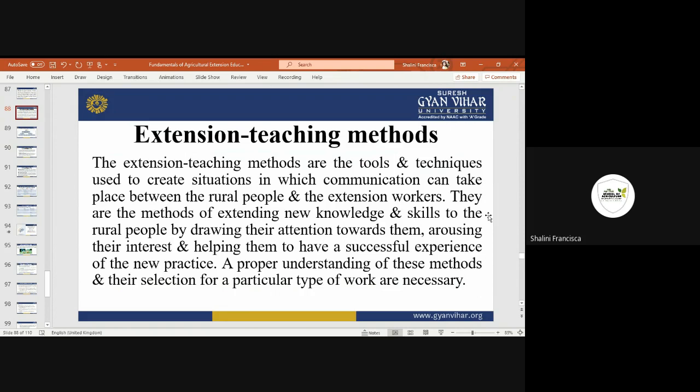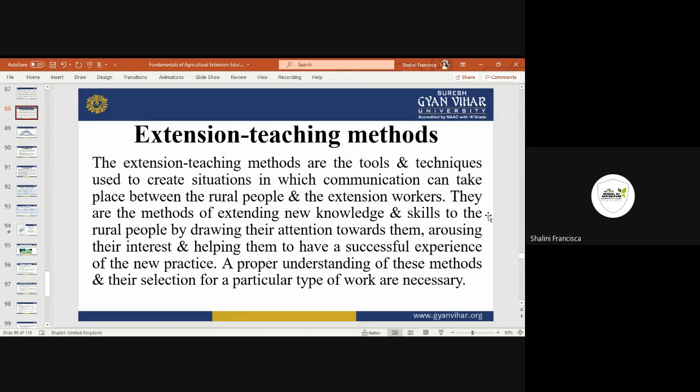Why? Because new practices are not adopted by everyone, and in rural areas, people are very traditional, and they are stubborn about the culture and the process that they have been following from year to year. So it's very difficult for them to change their mind, change their behavior, and come up with something new.